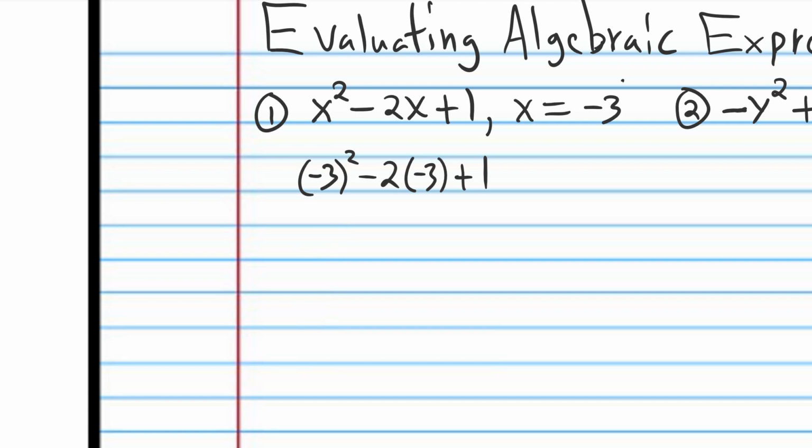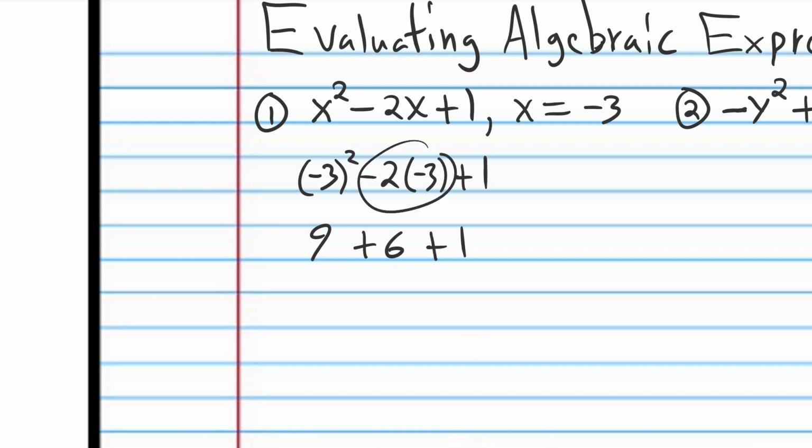Because the x is negative 3, and if you square x, you have to square both the 3 and the negative. So negative 3 times negative 3 is positive 9. Do not write negative 3 squared without parentheses. That is incorrect. And we have negative 2 times negative 3, which is positive 6.